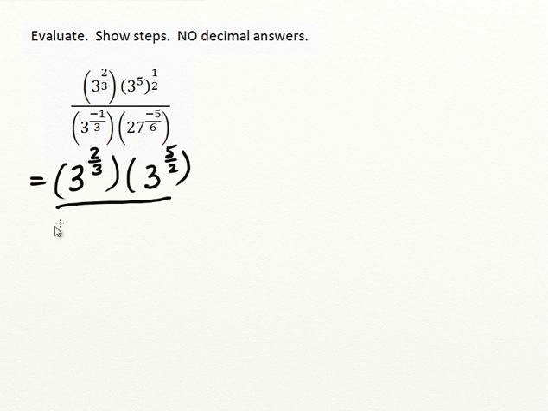And on the bottom, we have 3 to the exponent negative 1/3. And then here comes the replacement. Instead of 27, we're going to have 3 cubed. And all of that is raised to the exponent negative 5/6. Okay. Now, important to realize it said no decimal answers, right?